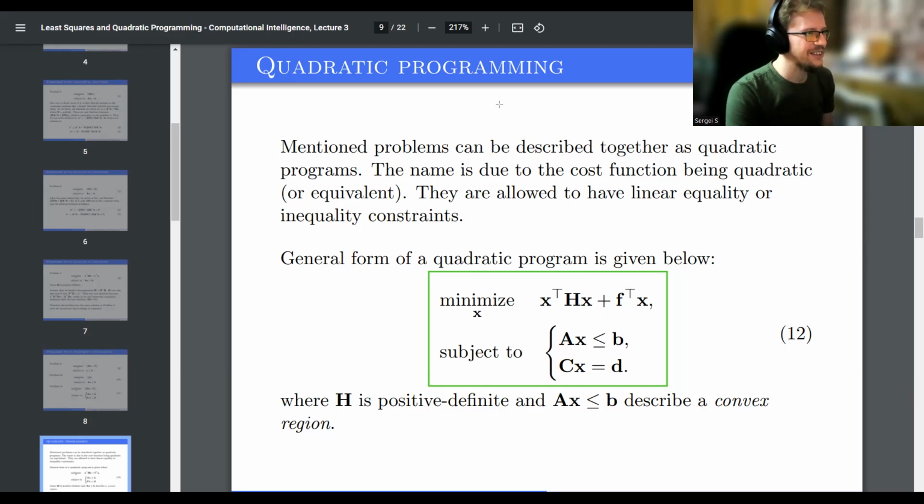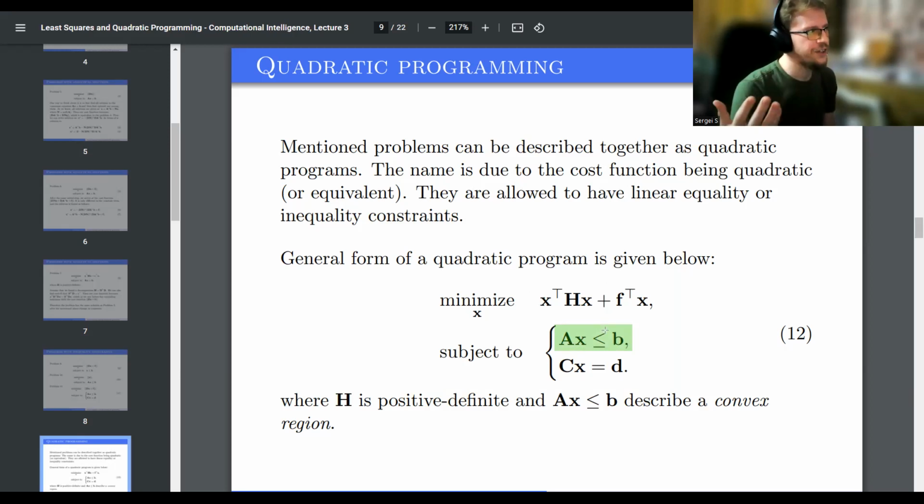But of course, it has to be in this form. In particular, what is important is that here we have linear inequalities. If we don't have linear inequalities, it is just least squares. We can solve it with pinv and SVD. If it has linear inequalities, then it is quadprog. It can have linear equalities. They are allowed.